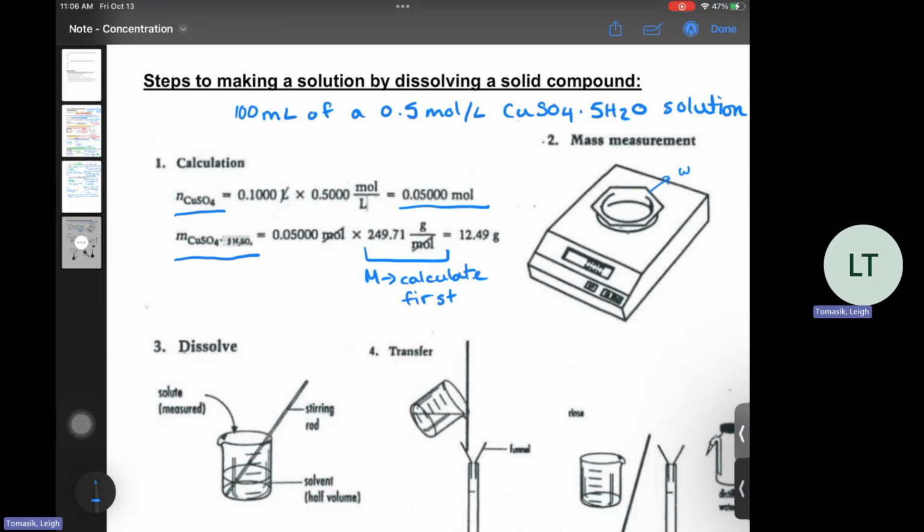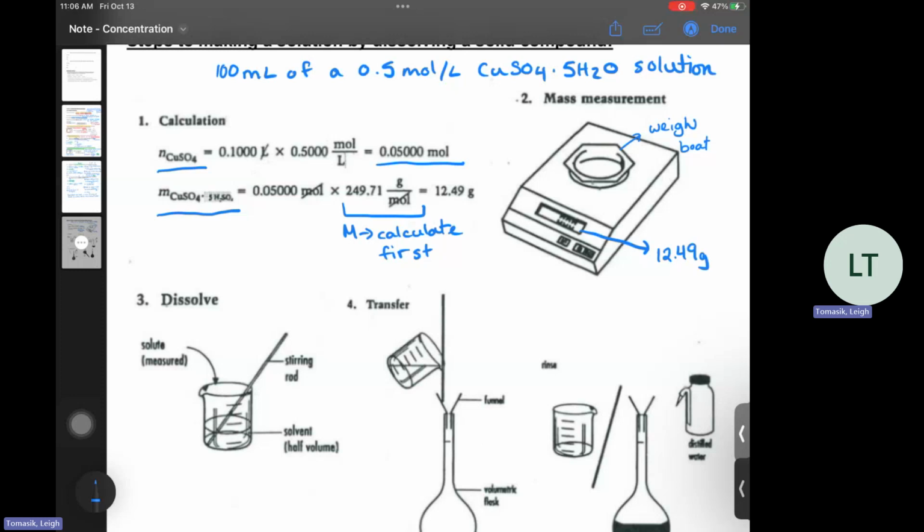So then you go to your scale. This is a weigh boat. It's a little plastic dish that you spoon your chemicals into. And we want to make sure that the scale reading for this is 12.49 grams, right? So we go find the bottle of copper sulfate pentahydrate, and we scoop it into this little dish on the electronic balance.